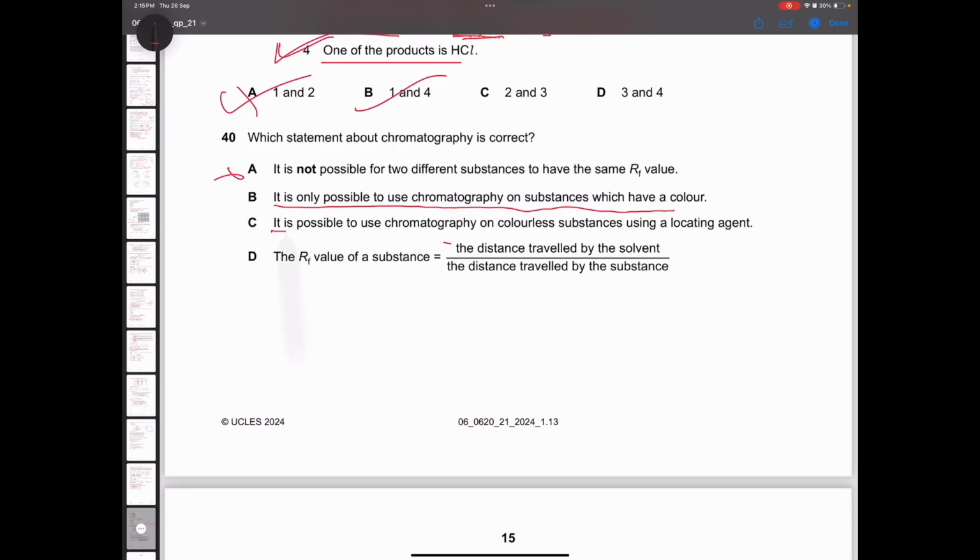So it is possible to use chromatography on colorless substances using a locating agent. This is correct. The formula is distance traveled by solute. No, the formula is distance traveled by the substance over the distance traveled by the solvent. So option C is the correct answer.